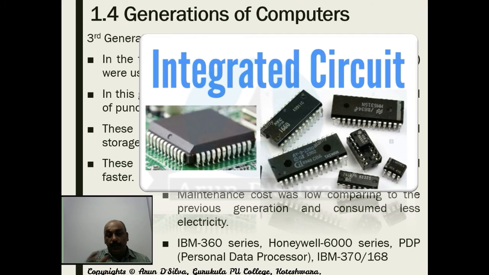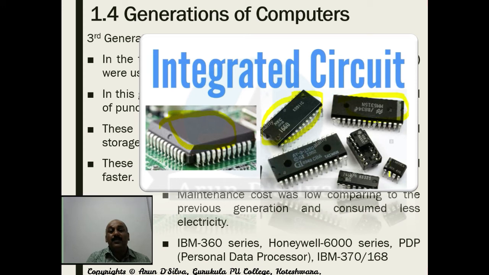Let me show you this integrated circuit. As I told you, this is an IC. This is one IC which is inserted on the motherboard. Now this is one more IC, and this is one more IC.